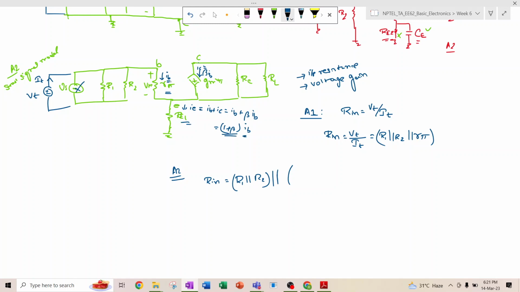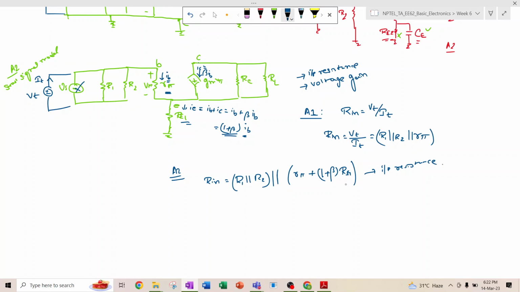If we consider V pi by IB, we get R pi plus, in series, 1 plus beta times RE1. So this is nothing but the input resistance.